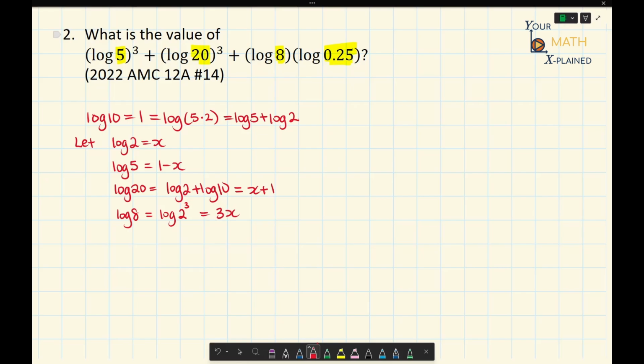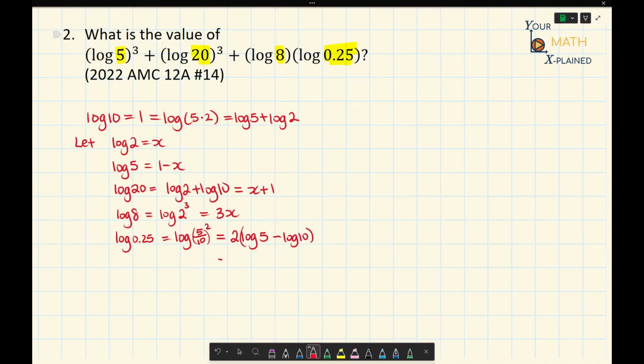And then lastly, we have our log of 0.25, which is equal to log of 5 over 10 squared, which then is equal to 2 times log of 5 minus log 10.